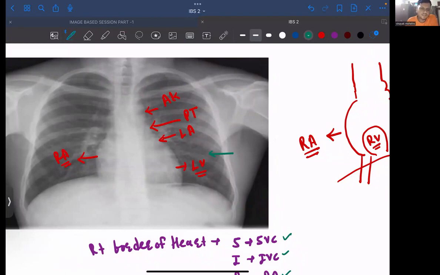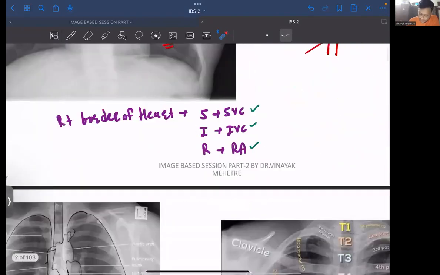I will make it clear. Actually, this is not the rib which you are seeing. They have asked you the rib which is in the back. Right? Back से आई आगे. So they are actually asking this rib. Take a look over here.